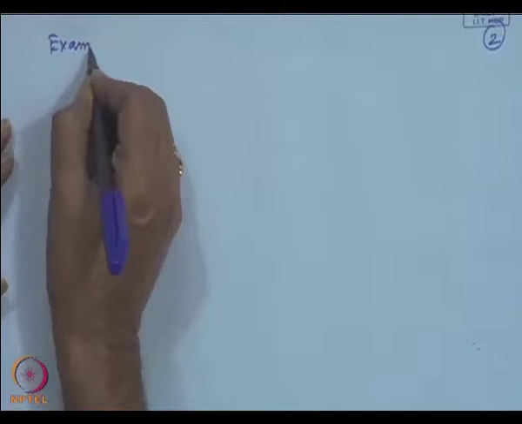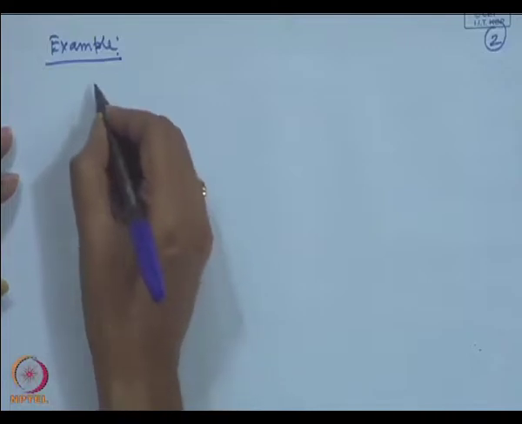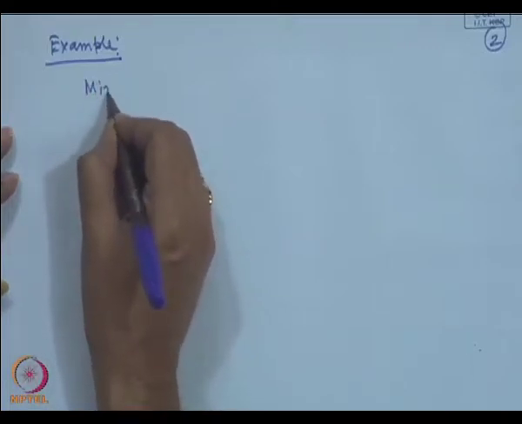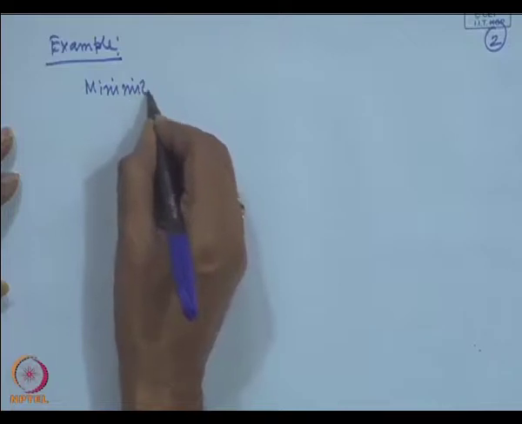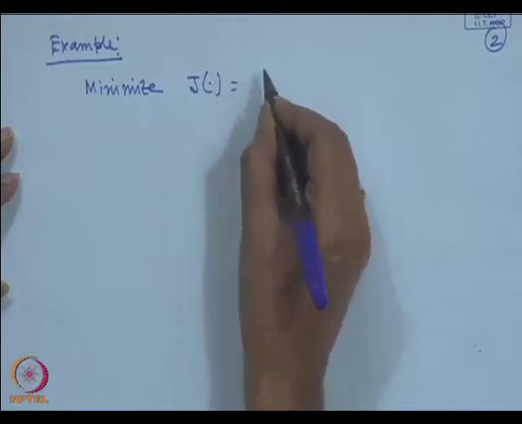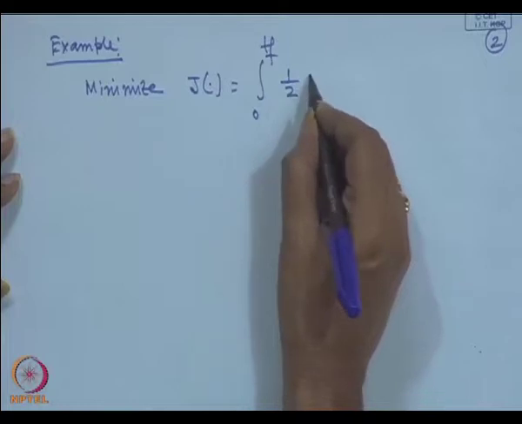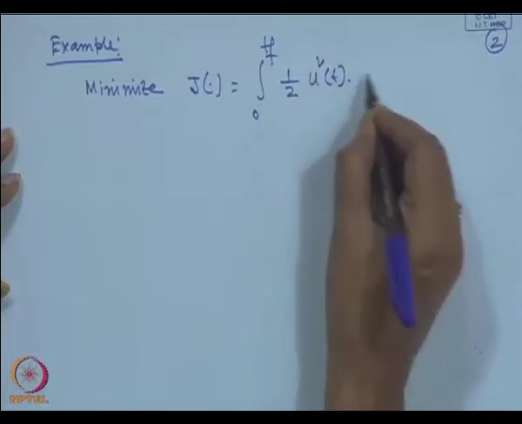So, let us solve a problem of such type, that means when there is a constraint on the input as well as a constraint on the state variables. So, example. Minimize J is equal to the integral from 0 to T f of half u square of t dt.